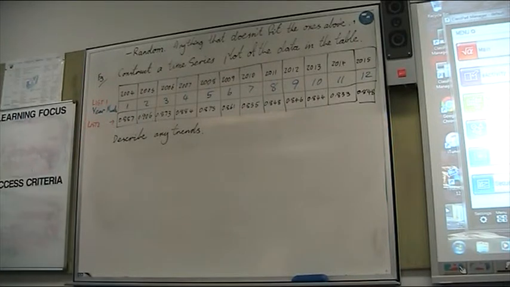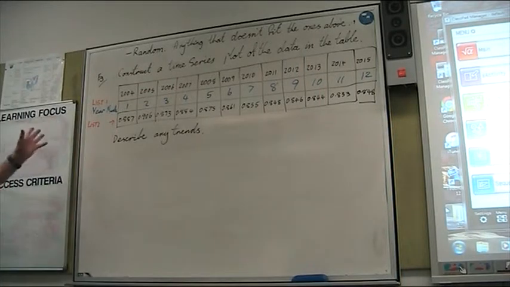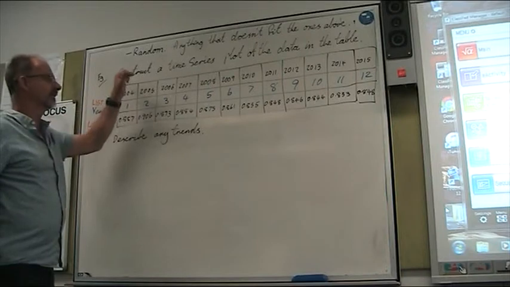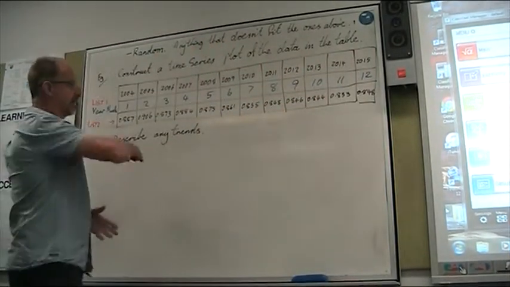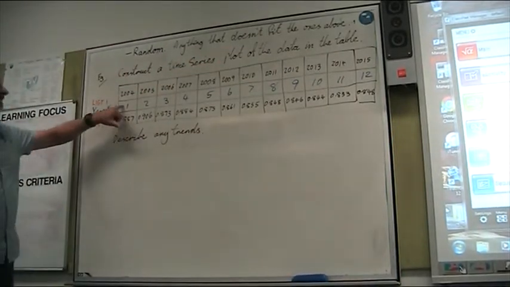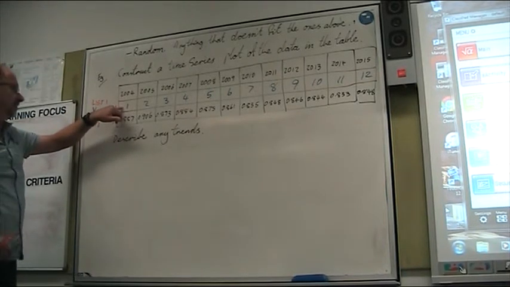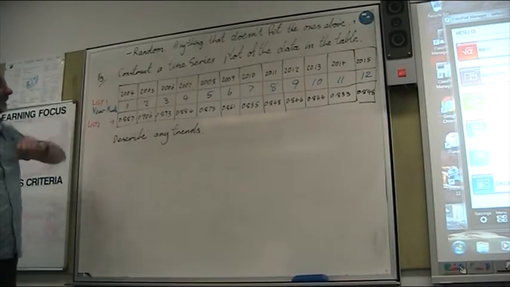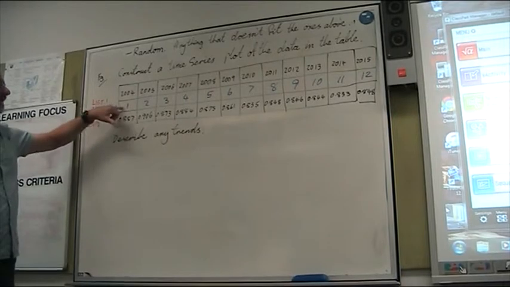It's pretty common practice, rather than using the actual years, or even months. Say for example you've got months: rather than using January, February, etc., particularly if you go over a year and you've got more months, you just assign the first month that you're looking at as month 1, and then number them on from there. So here, the first year that we're looking at is 2004, and we label that as year number 1.